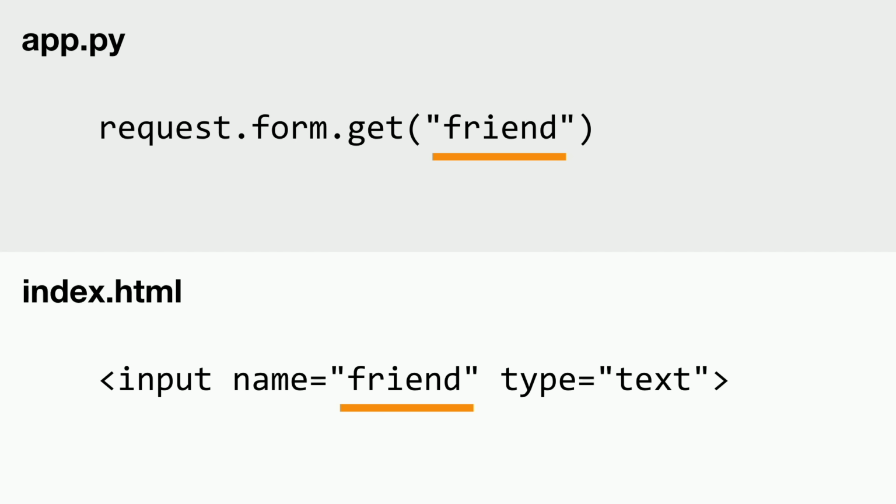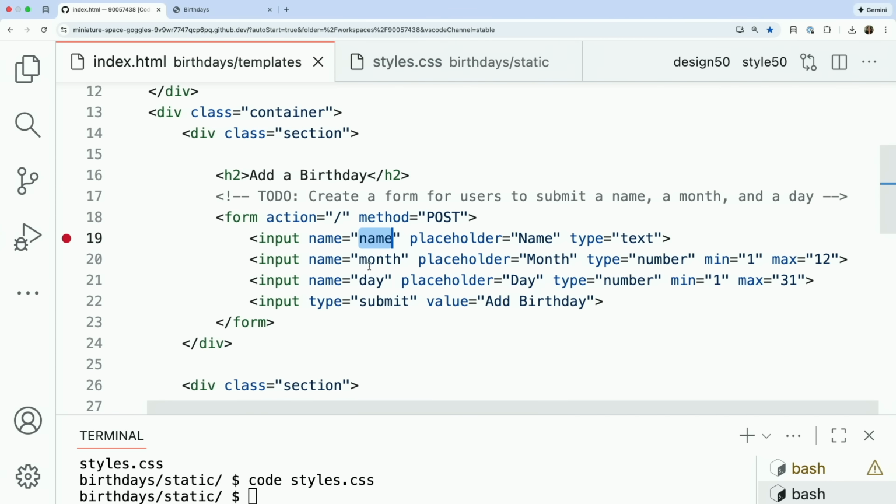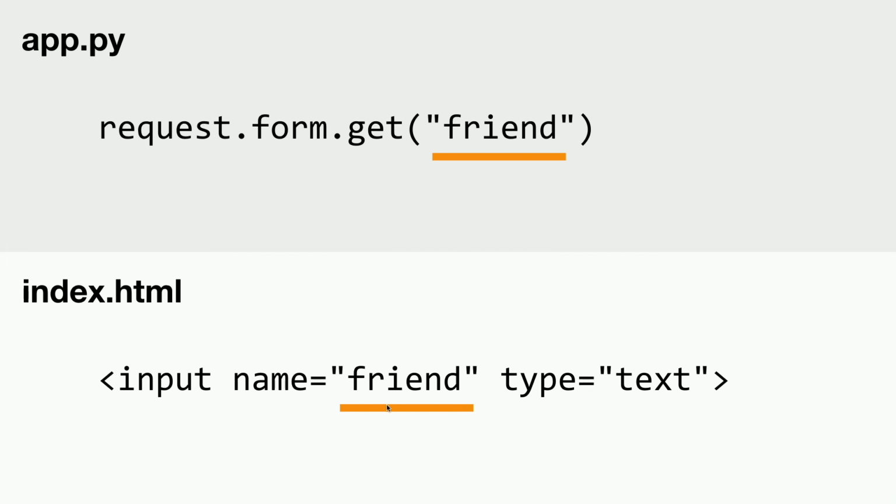So we have our app.py written in Python and our index.html working together here, where in our app.py, we can use request.form.get with a parameter of the name to get a certain input from the form that we've submitted. And so when we specified the name of each input, so in this case we had name, month, and day, that will then correspond to how we're going to get that input in app.py.